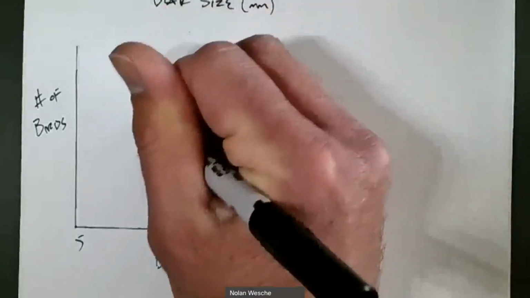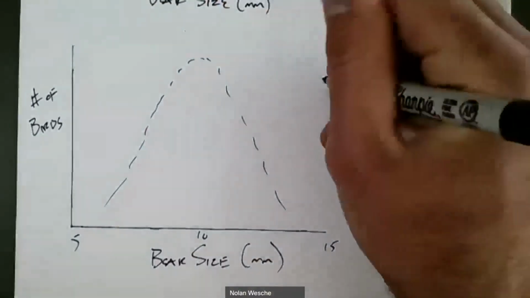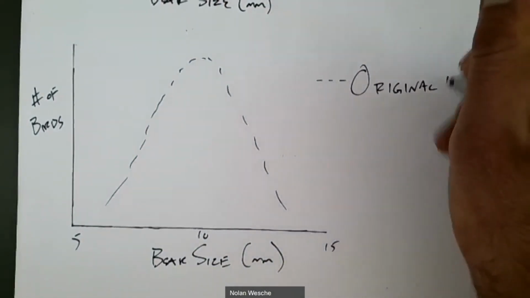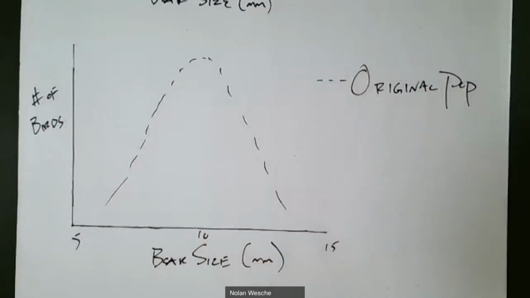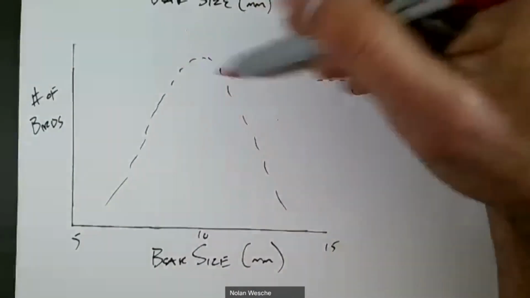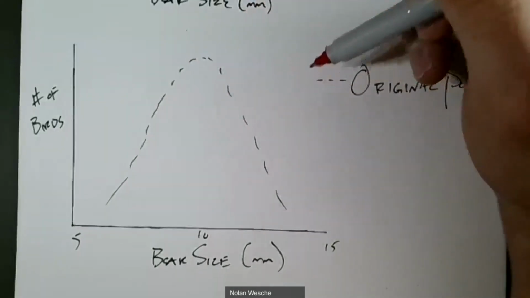Let's say my beak size, again, is like the original. So there's kind of my standard distribution, my original population. And now we have seeds that are available on this island that are really small and seeds available on this island that are really large.